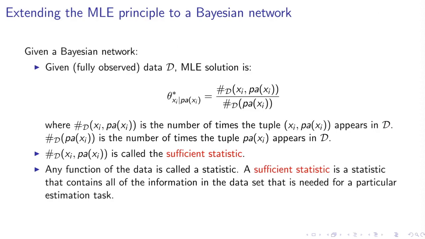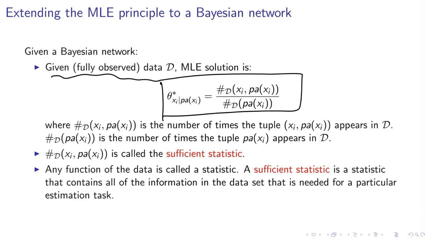So in general, if you write down the general expression for log likelihood, and let's say you are given a data set D, the MLE solution for the parameters, which is this theta star, will always have the following closed form solution.